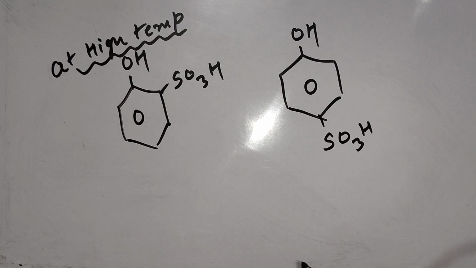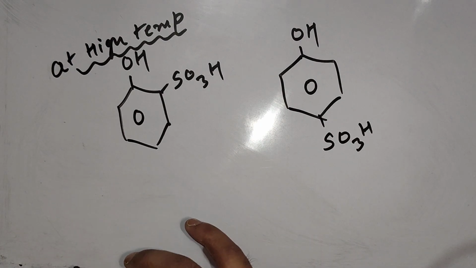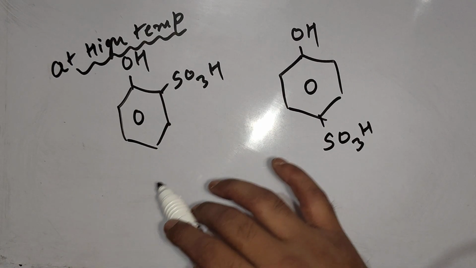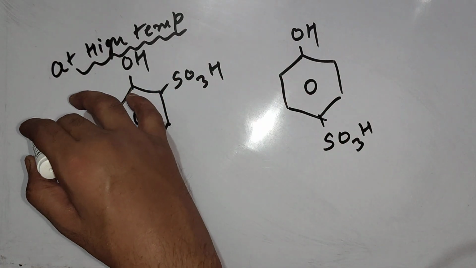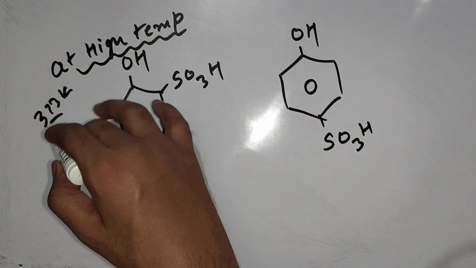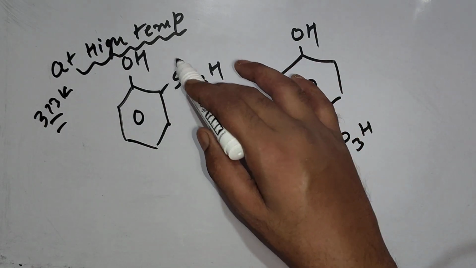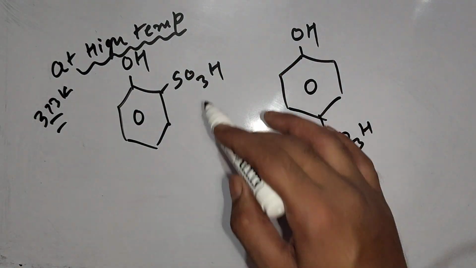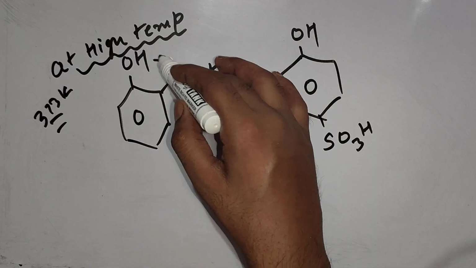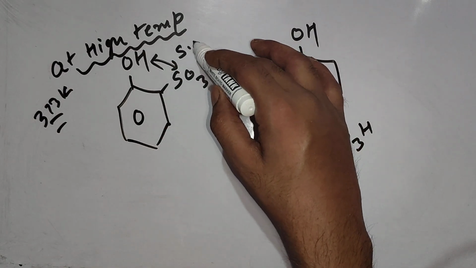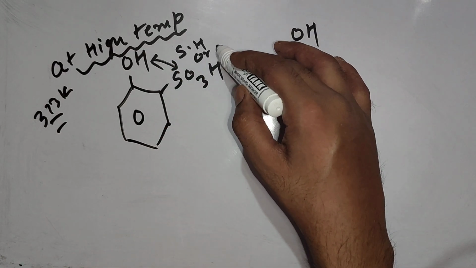as you know, steric hindrance factor is dominating. We can't neglect it. At high temperature like 373 Kelvin temperature, steric hindrance factor is there, you can't neglect it. So if we have made this product at higher temperature, what will happen? Steric hindrance. Steric hindrance means repulsion.